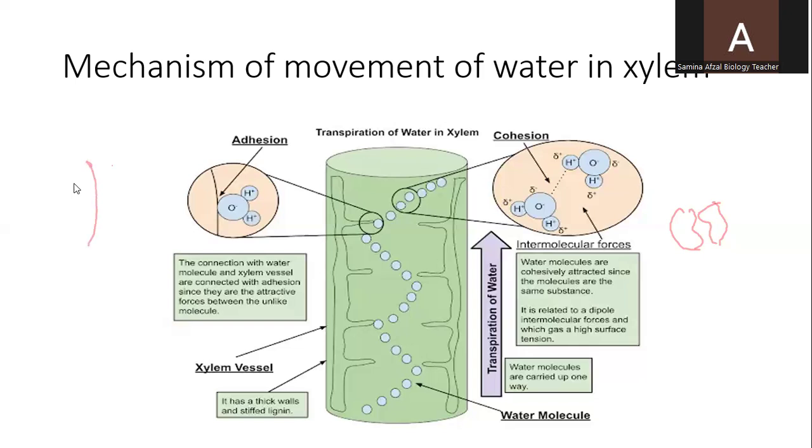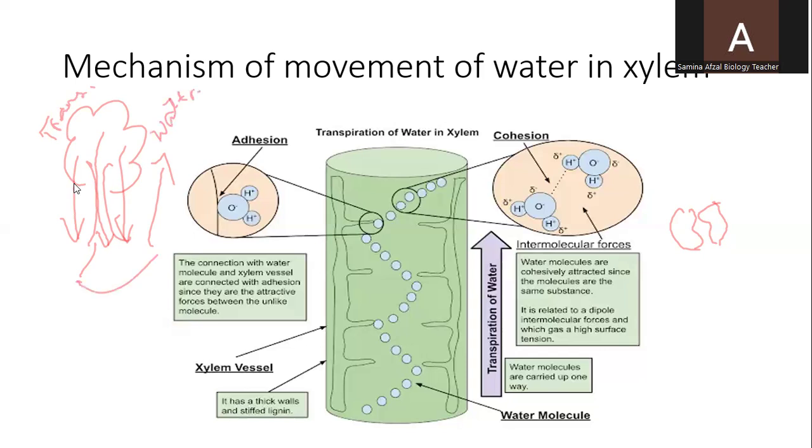A pull is created in the downward direction. That is, transpiration pull will be in the downward direction to pull the water in the upward direction. Transpiration pull will be downward and water will move upward.